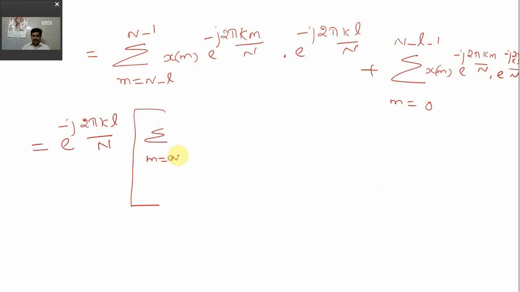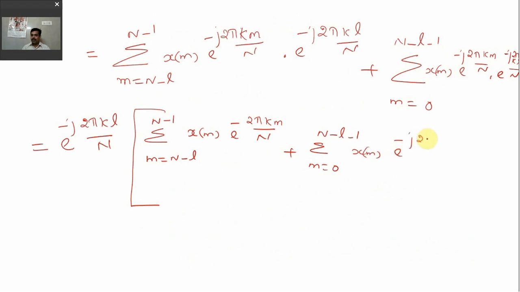summation m is equal to n minus L to n minus 1 x of m into e to the power minus j 2 pi k m by n plus summation m is equal to 0 to n minus L minus 1 x of m into e to the power minus j 2 pi k m by n.